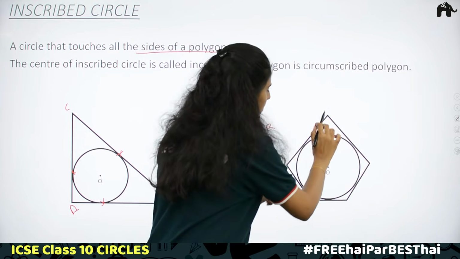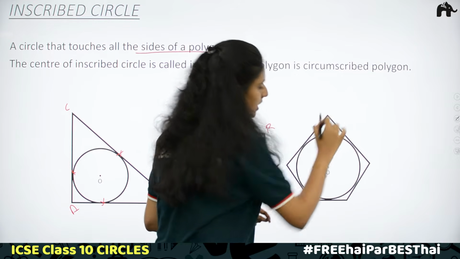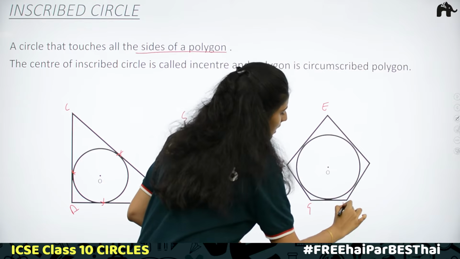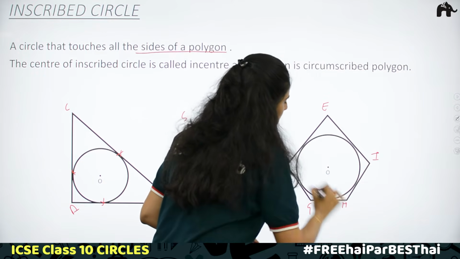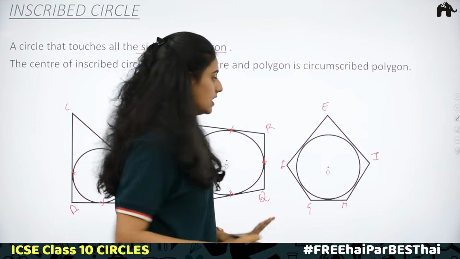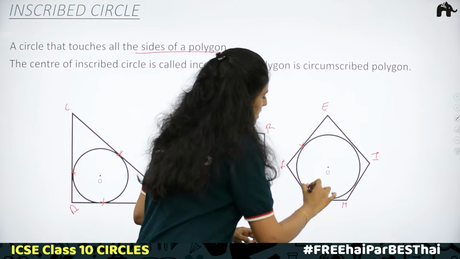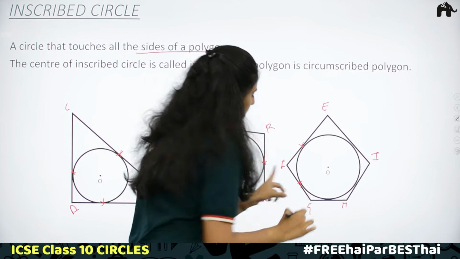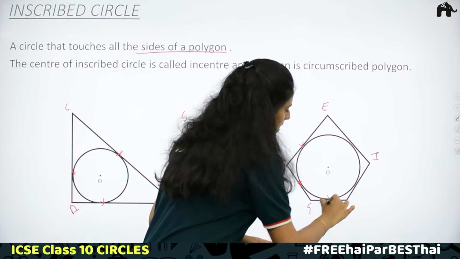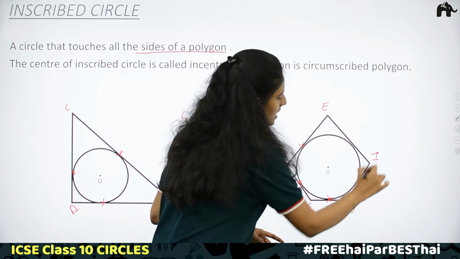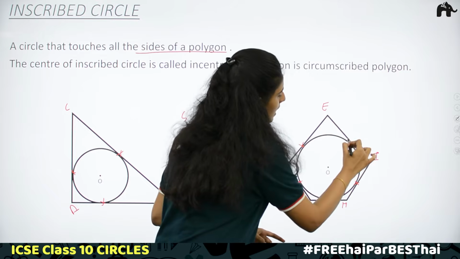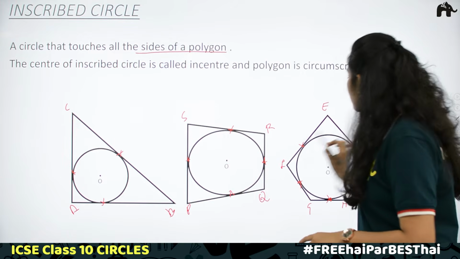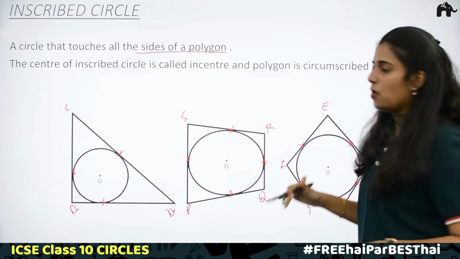And here we have a 5-sided polygon E, F, G, H, I. And the circle is an inscribed circle. The circle touches the side EF at this point, FG at this point, GH at this point, HI at this point and EI at this point. Yes, the circle touches all the 5 sides of the 5-sided polygon.